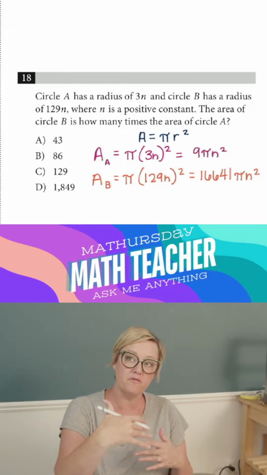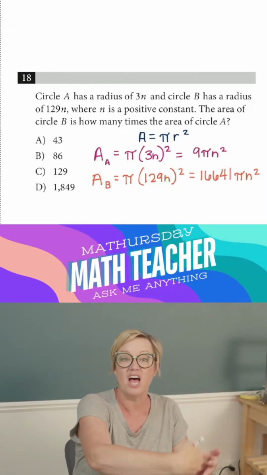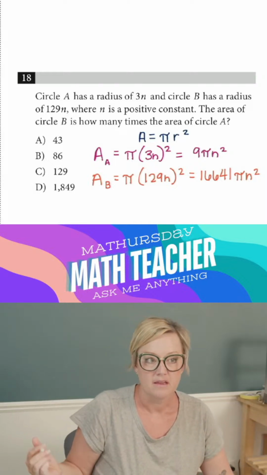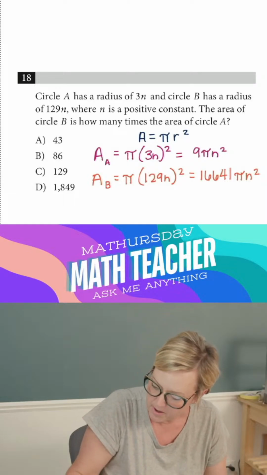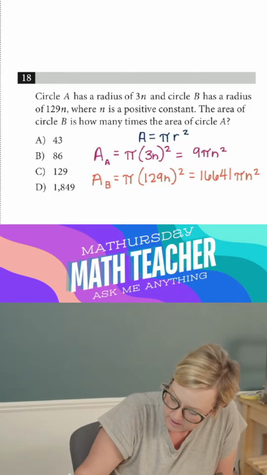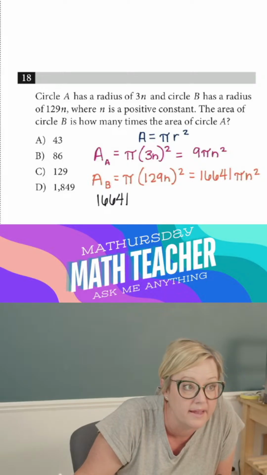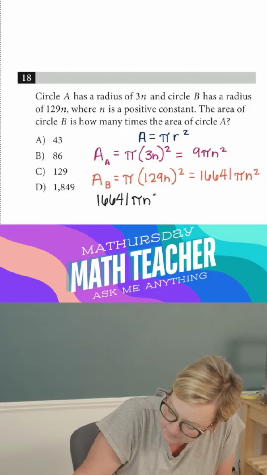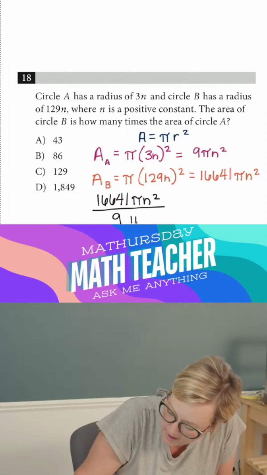If I'm trying to figure out what multiplies these together to equal this, then I can undo this with division, right? Okay, so I'm going to set it up. It would be B over A. So I would have 16641 pi n squared over 9 pi n squared.